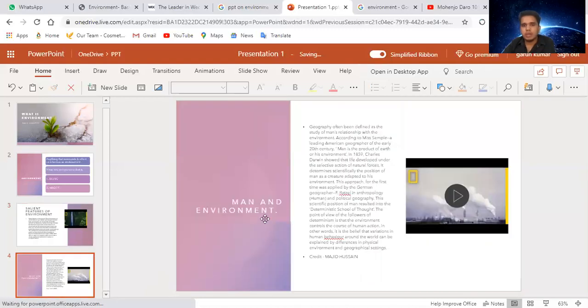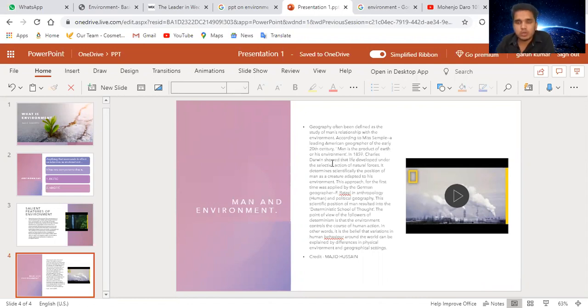Next, man and environment. All of you can see it clearly. Geography has often been defined as the study of man's relationship with environment. According to Miss Semple, a leading American geographer of the early 20th century, man is the product of the earth.